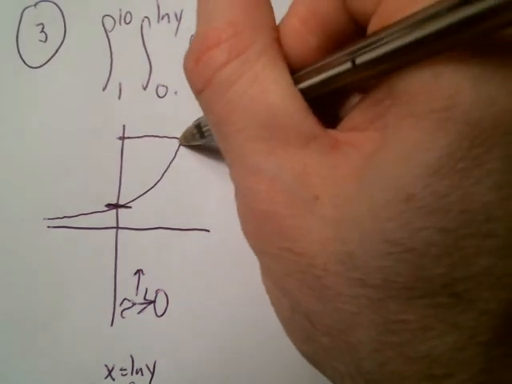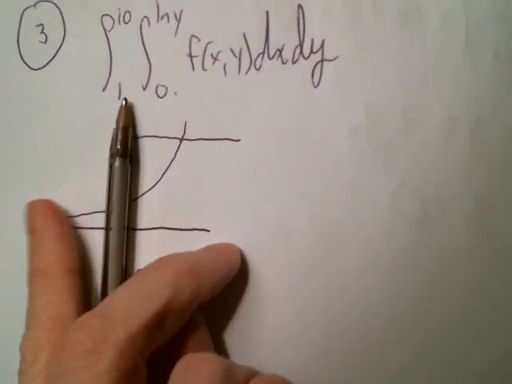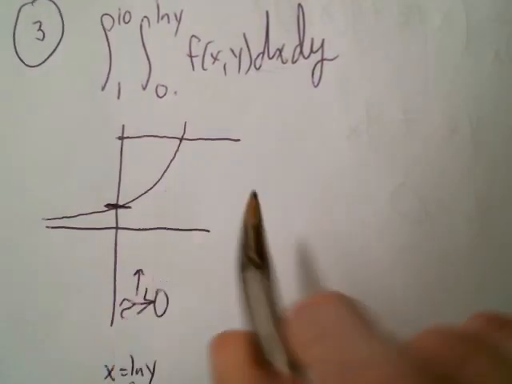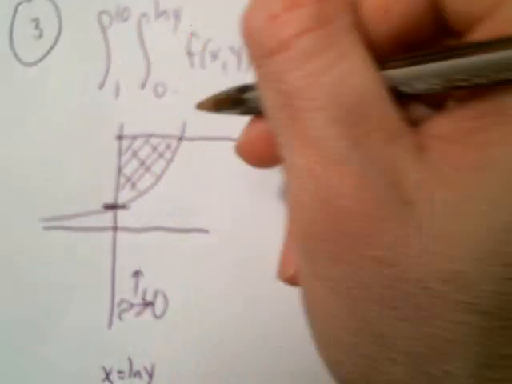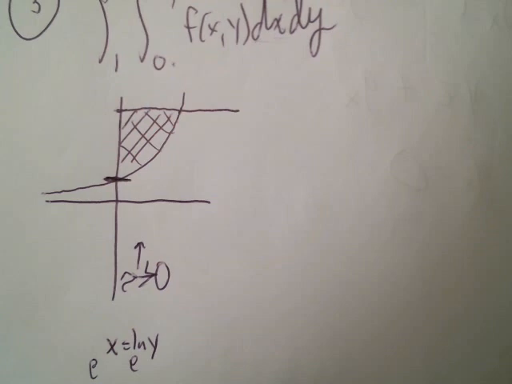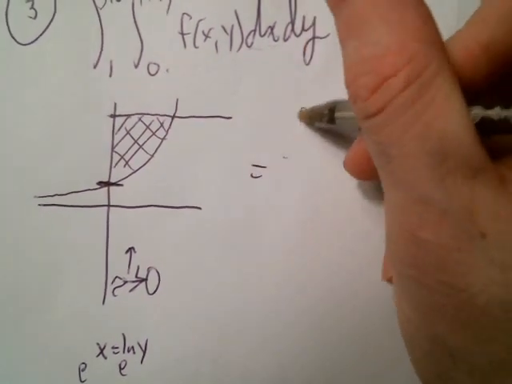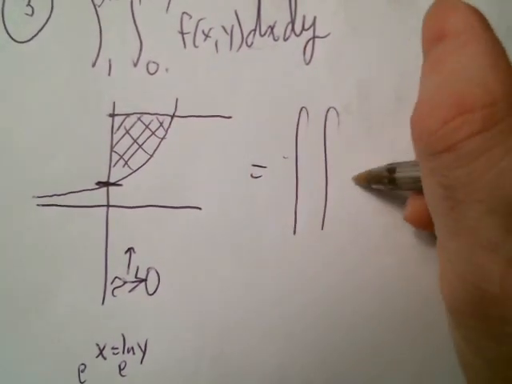Okay. All right, so x equals 0 to ln y, so that would be this region that we're interested in getting our hands on. Okay, okay. So now I want to change the order of integration.